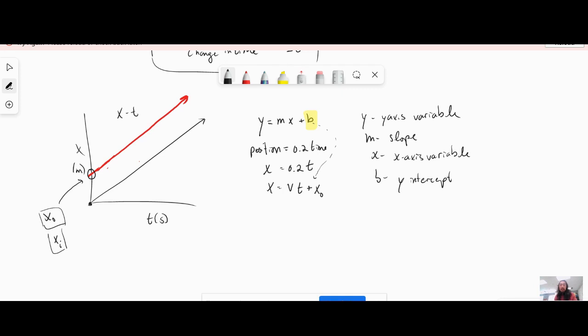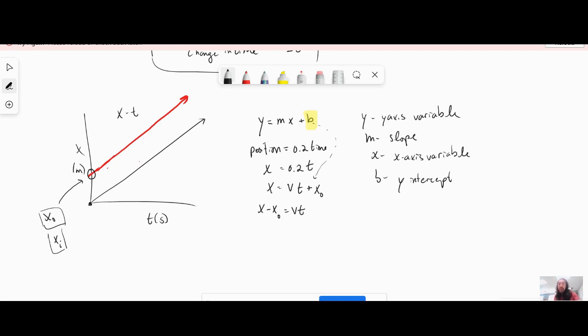All right, now that looks really good, and that will be a perfectly acceptable formula, but I want to take it a step further so that we can try to make all these connections. What I'm going to do is subtract our x initial to the other side. So we have x minus x initial is equal to v times t.